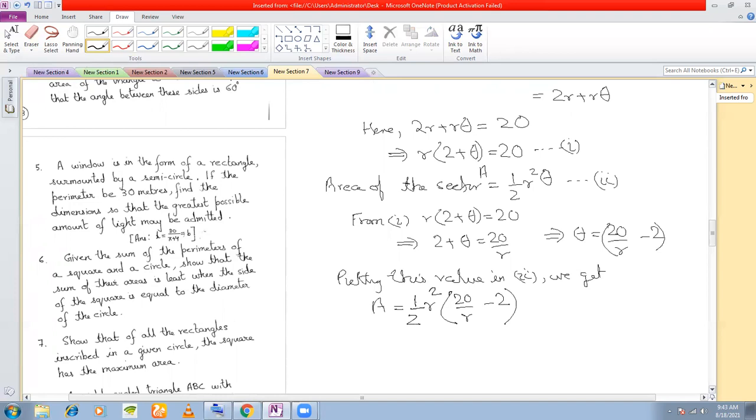So you get A is equal to, if you multiply half R square throughout, 10R minus R square, which is the required expression for the area.